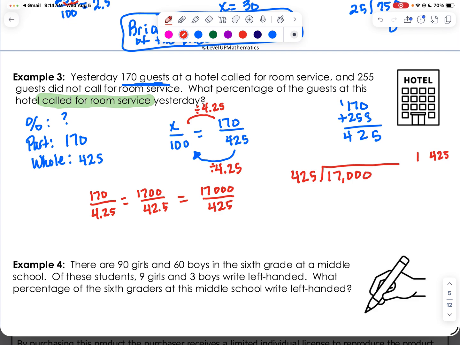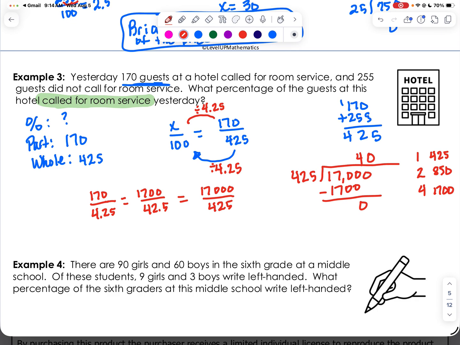So 1 times 425 is 425. If I double that, I get 850. If I double that again, 850 doubled would be, oh, nice, 1,700. So I know 4 times 425 is 1,700. Subtract and bring down. 425 goes into 0 times.